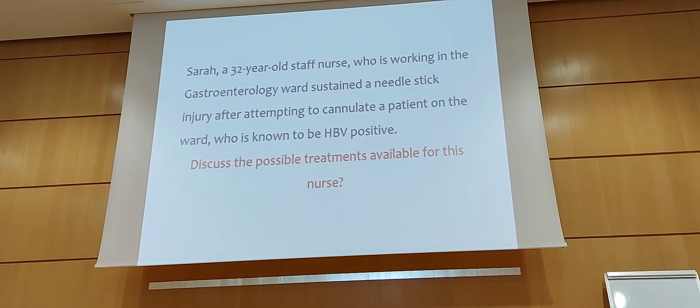Hepatitis B immunoglobulin, high dose, this is the drug of choice. So what else can we do? You can give immunoglobulins, and if she is not vaccinated, or if you check the antibody levels which are low, then you can give her a booster or a vaccination dose.